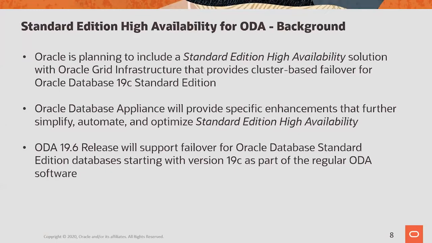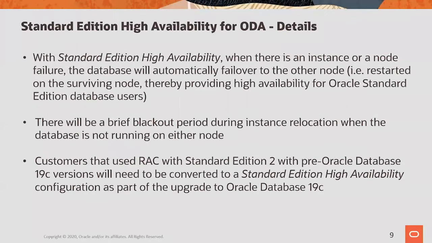So actually, we tend to automate that, and I'll show you that in a little more detail as we come up. Essentially with SEHA, when there's a node failure, the database will, if you configure it this way, and it will by default be configured this way, automatically fail over to the surviving node.